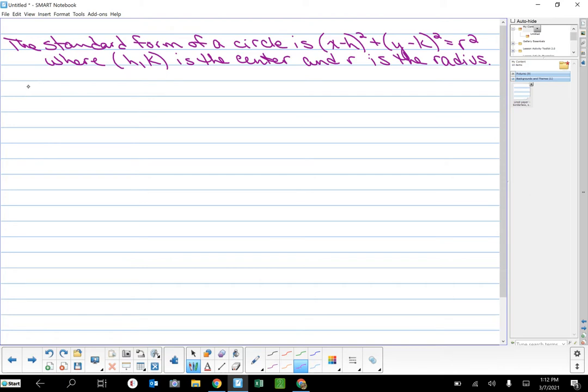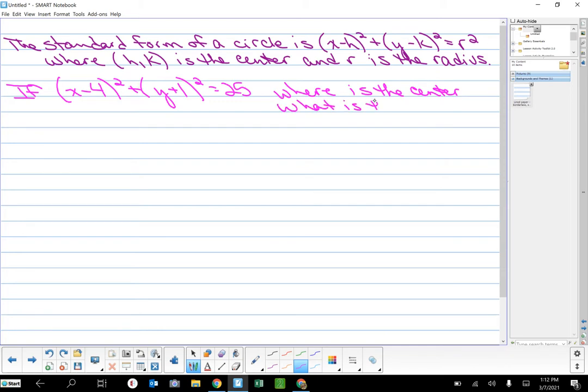For instance, if you had the equation (x minus 4) quantity squared plus (y plus 1) quantity squared equals 25, and you were asked where is the center and what is the radius, well, there's a couple ways for you to think about answering this question.